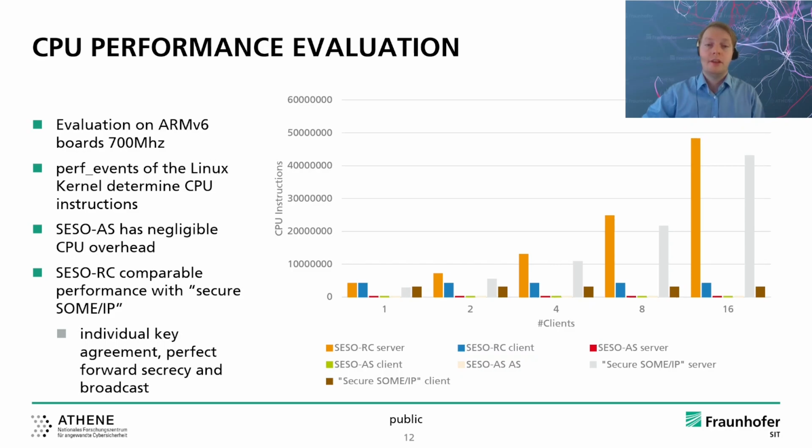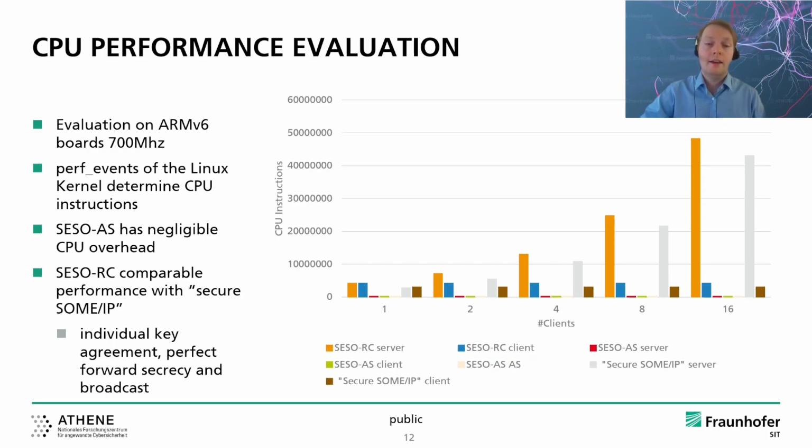The graph here shows that our symmetric approach in red and green clearly outperforms both our asymmetric approach in orange and blue and the best approach from literature, Secure SOME/IP, in gray and brown. Furthermore, our asymmetric approach is only slightly worse than Secure SOME/IP. However, it introduces individual key agreements between server and client, as well as perfect forward secrecy.